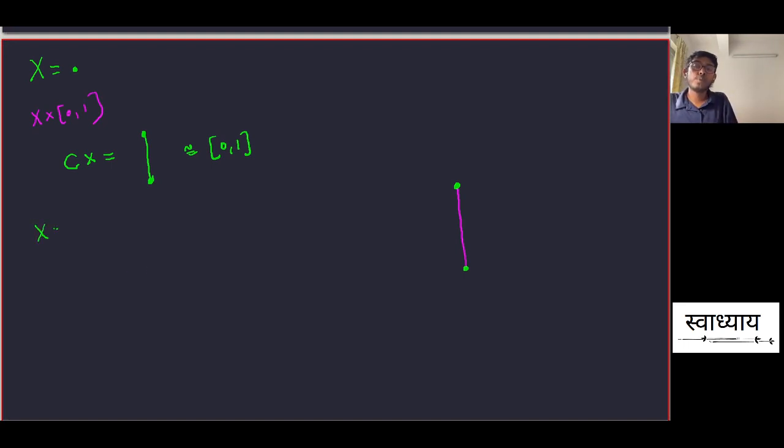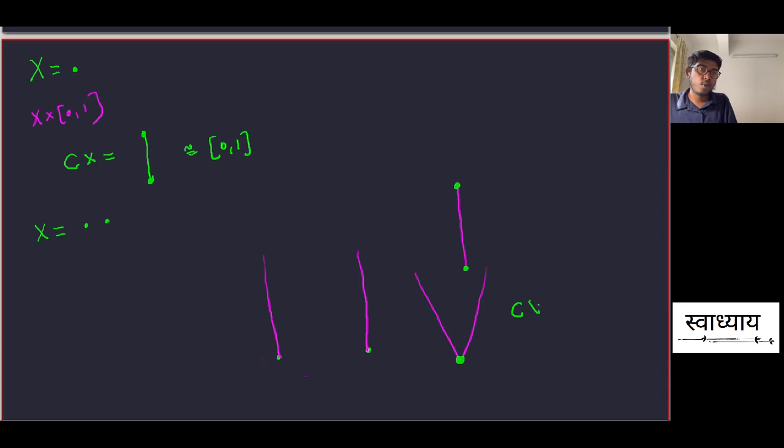Let's take X to be two points. Again, what will be the cone? I'll take the product, which will be two copies of a line, and now we have to identify these two points. So what I'll be getting is this.